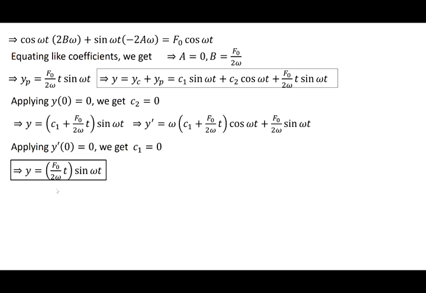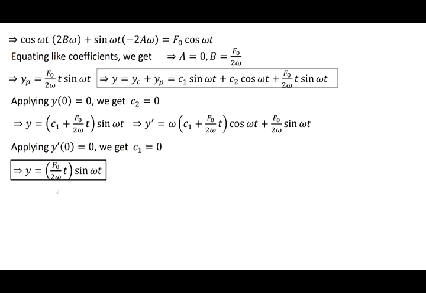Focus on that one. F sub 0 is a finite quantity. 2 omega is a finite quantity. Cool. So some finite constant times t. That whole thing represents the amplitude, f naught t over 2 omega. That's the amplitude.